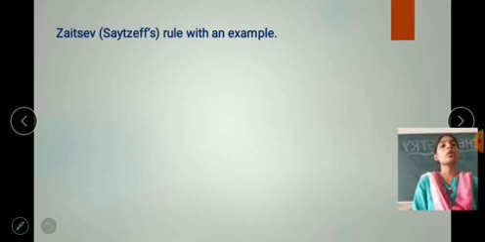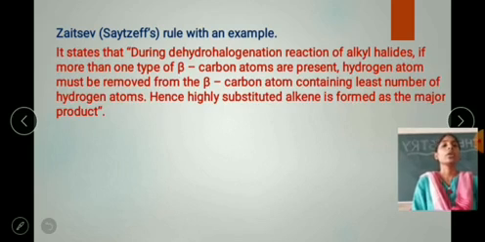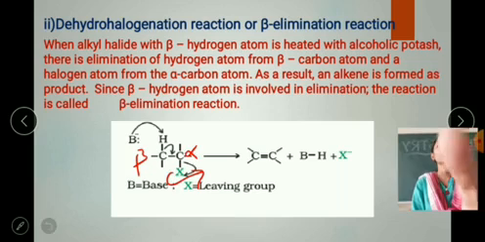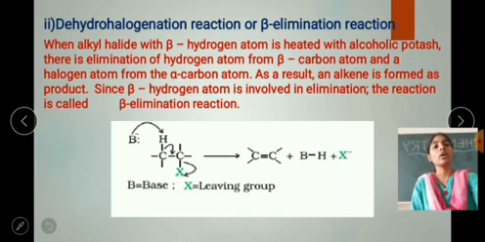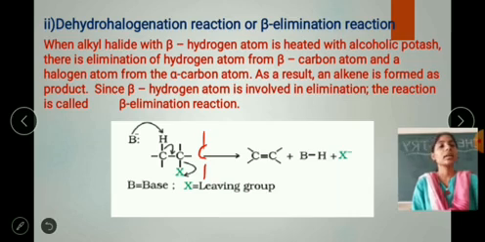Next is about the Saytzeff rule, which was given by a scientist named Saytzeff. It states that during the dehydrohalogenation reaction or beta elimination reaction of alkyl halides, if more than one type of beta carbon atoms are present, for example, look here, the compounds will not always be just like this, it can be present like this also, it can be like this too. So this is alpha, this is beta, this is beta, right.